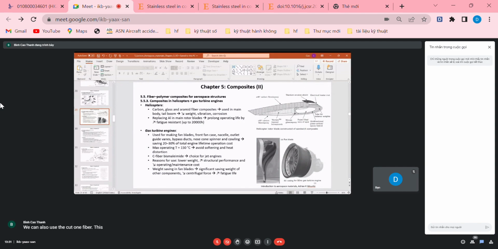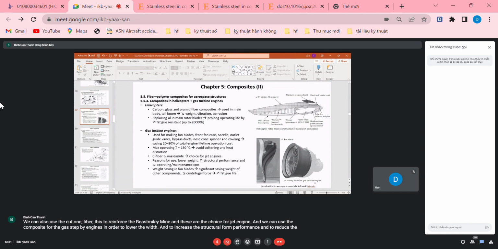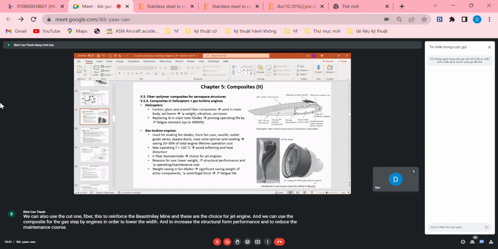We can also use carbon fiber to reinforce bismaleimide, and this is the choice for jet engines. We can use composite for gas turbine engines to lower the weight, increase structural performance and reduce maintenance costs.